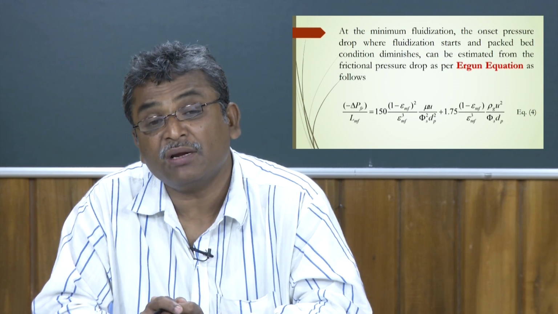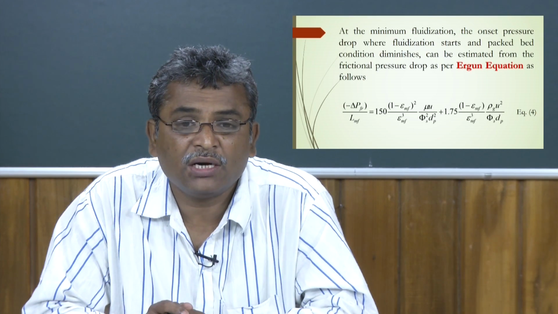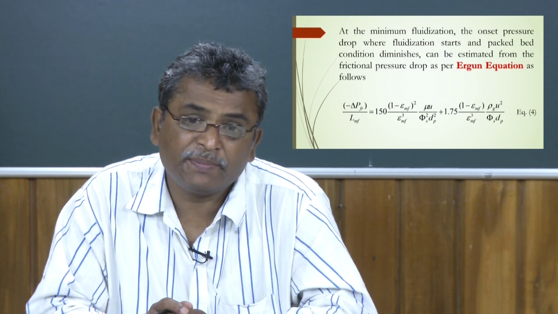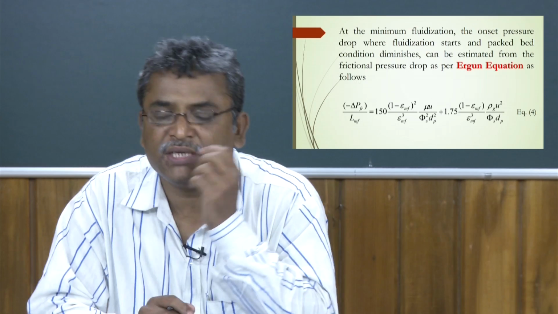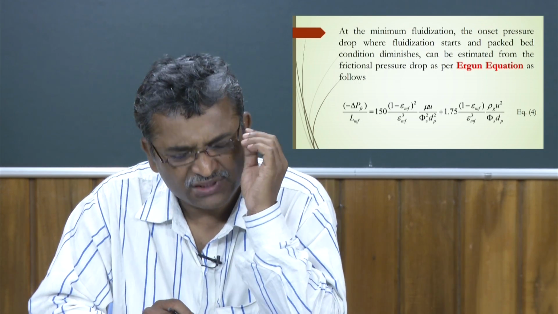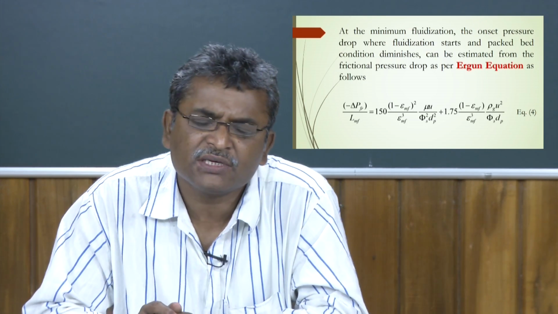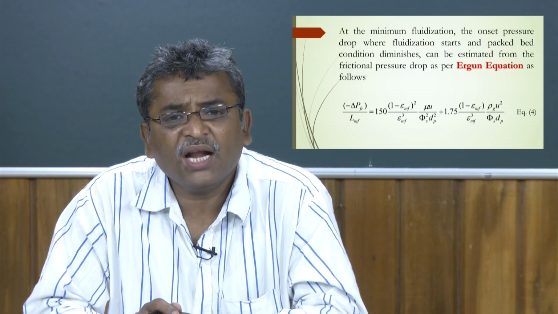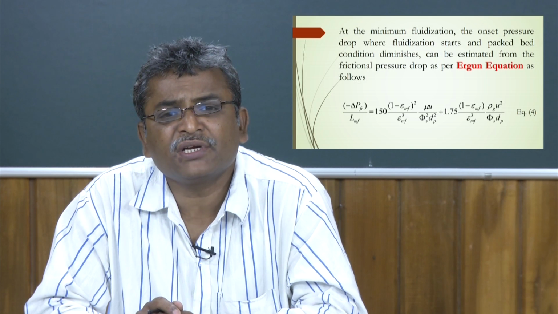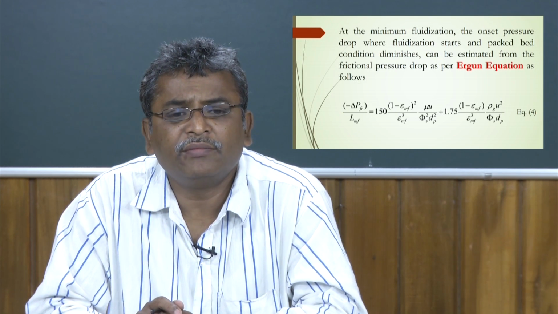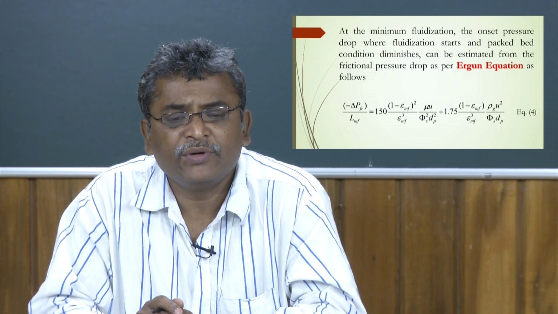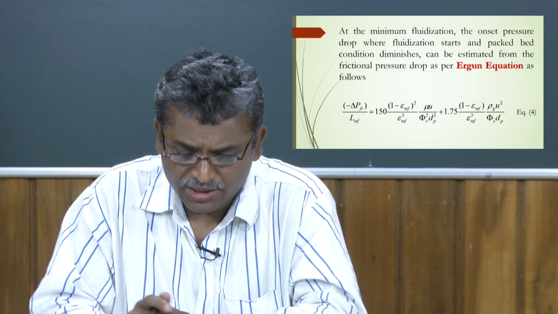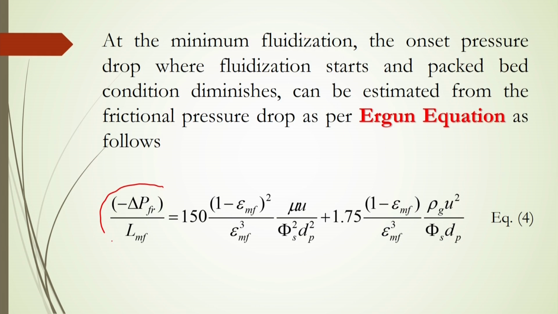Of course, you can measure this frictional pressure drop experimentally, or without measurement you can estimate it from the Ergun equation. The Ergun equation will give you directly the frictional pressure drop in a fluidized bed. So, what is that Ergun equation? By the Ergun equation you can calculate the frictional pressure drop per unit length as this.